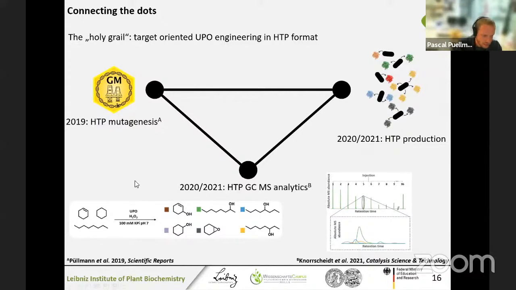This is the prime example. She took 3 aliphatic substrates, and in one pot, she's able to detect 6 different products that are of high interest. And this is also performed in 96 well plates. So connecting the dots of these 3 systems, we can get to very interesting directed evolution campaigns in the future.